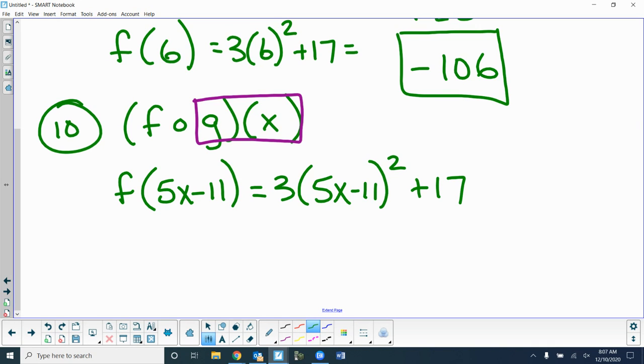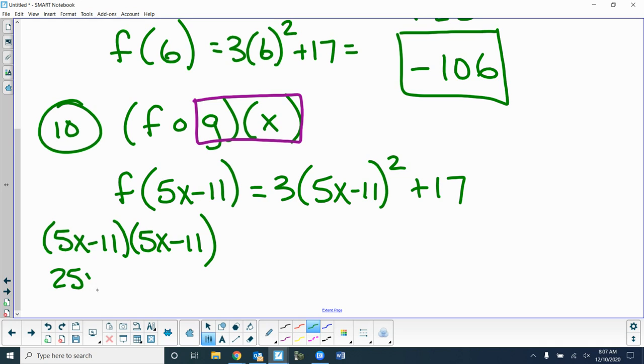Okay, so remember, 5x minus 11 squared means this. So you got to FOIL it. First, 25x squared, outside negative 55x, and inside is a negative 55x, and last is a positive 121.